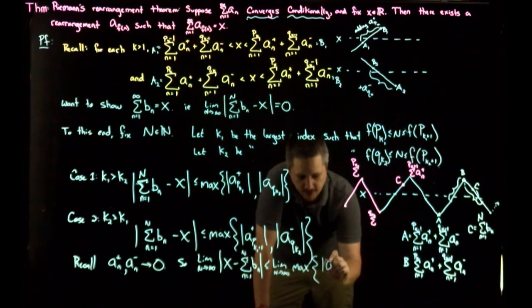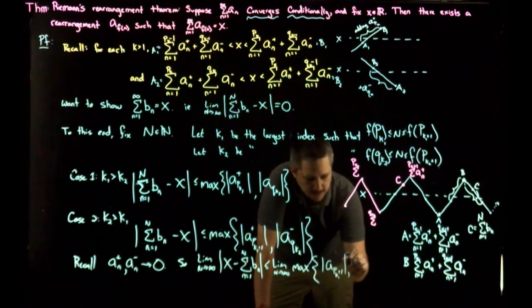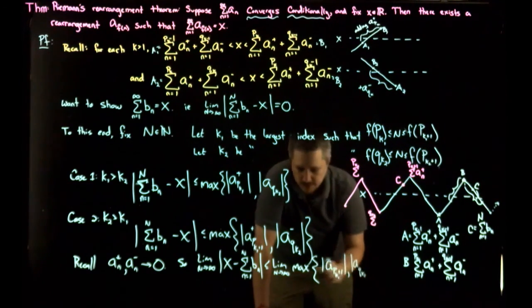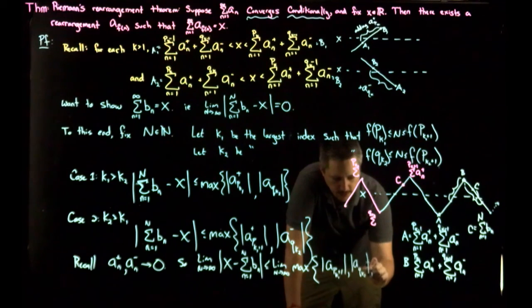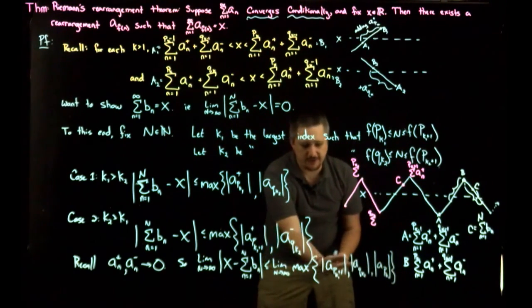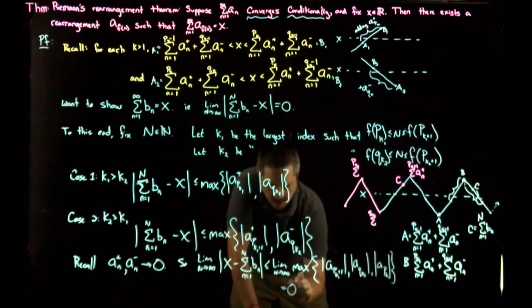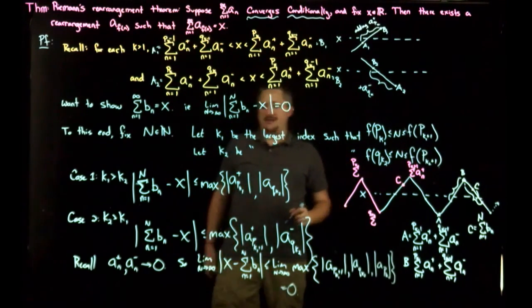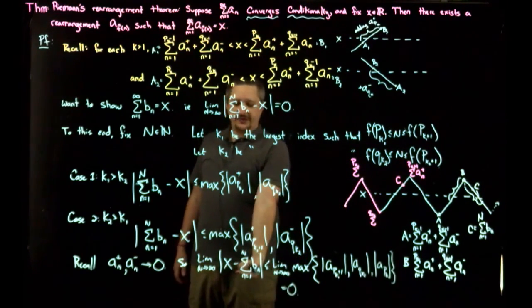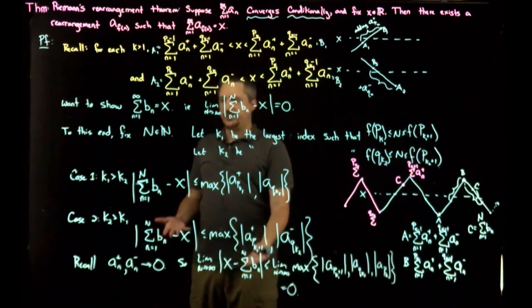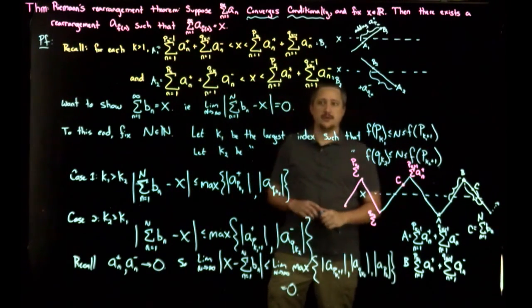So I can just say a p k1 plus 1, a q k2, and a p k1. But the limit of those things is 0, right? So obviously it's an absolute value, so it's greater than or equal to 0, but it's also less than or equal to 0, so it equals 0, and then I'm all set, okay?